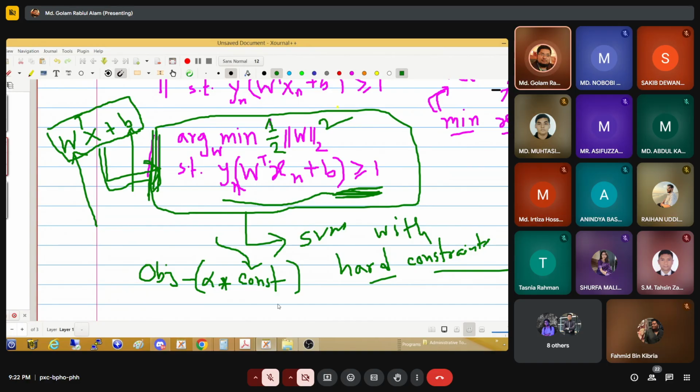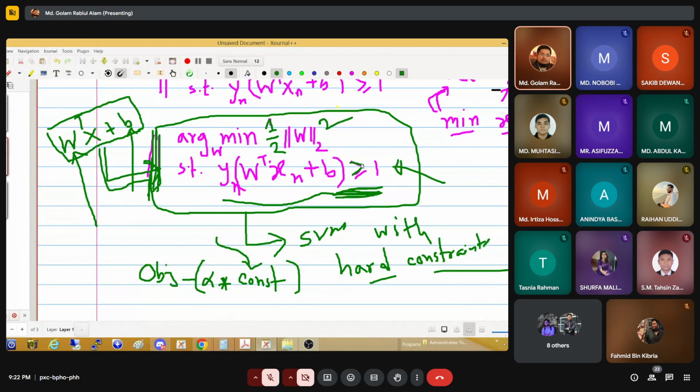So to write our Lagrange equation, we can see that this one is actually an inequality constraint, not an equality. To make it equal, we can just transfer the 1 to the left side.